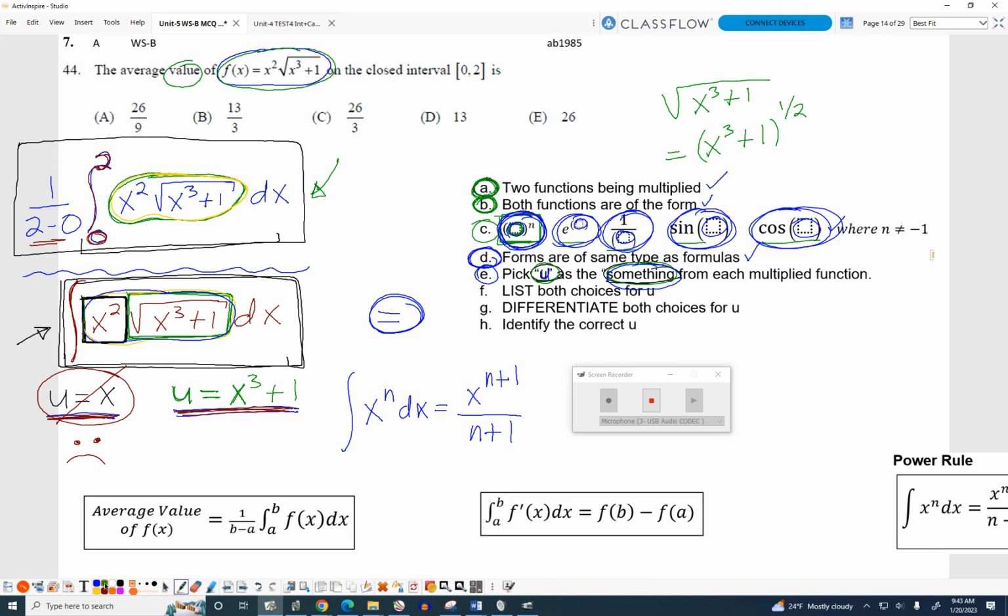So we go d dx to both sides. The left side can't really be written any other way, but the right side can be written another way. Daniel, what's another way to write d of x cubed plus 1 over dx? What's another way of writing that?